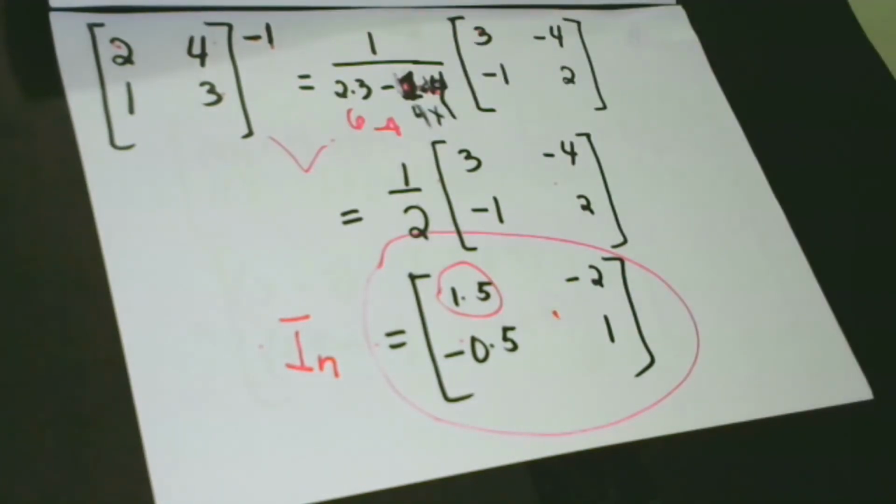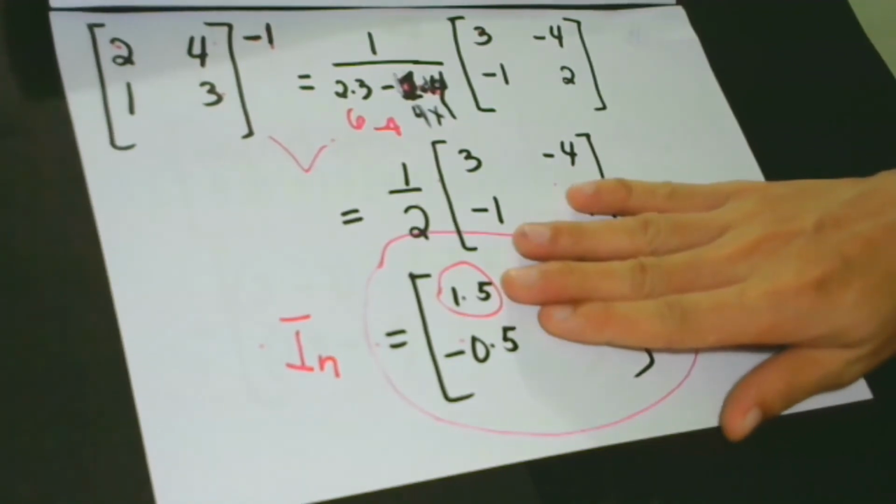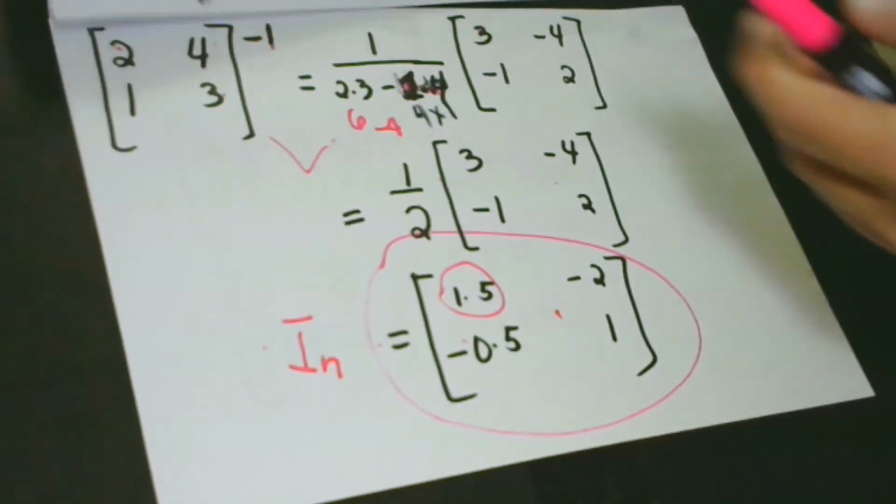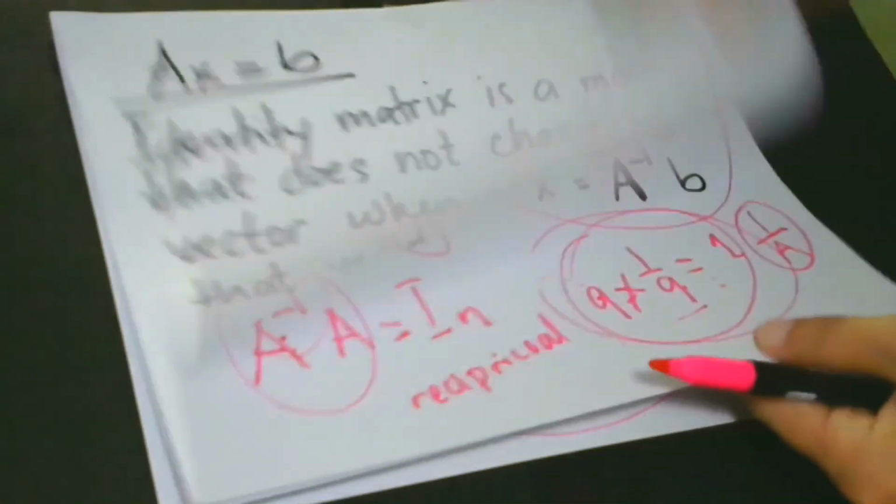Alright, so now the question is, how are we going to prove if our answer is correct? Would there be some kind of solution for us to check that this one is correct? Of course there is. So this time we're going to check if this solution is correct. And how are we going to do that? Do you still remember? Let me go back.